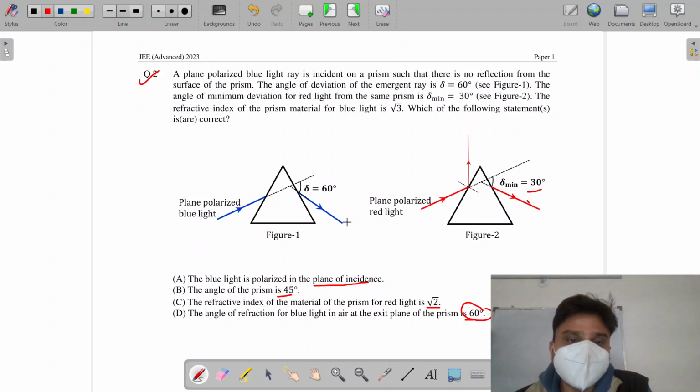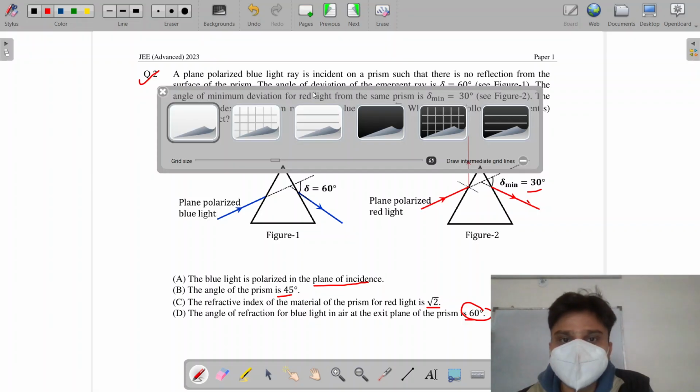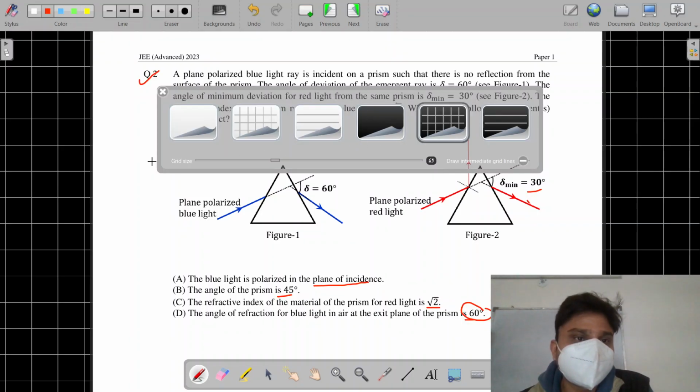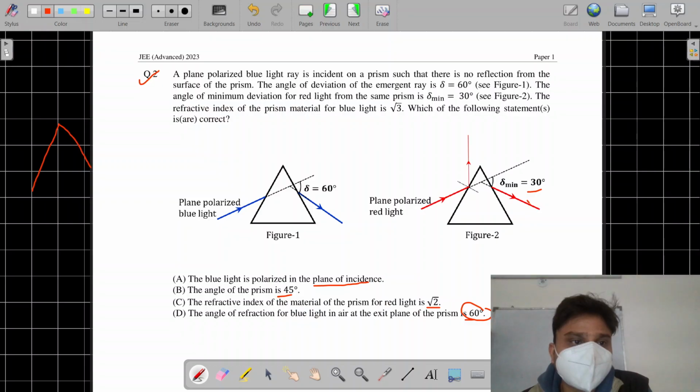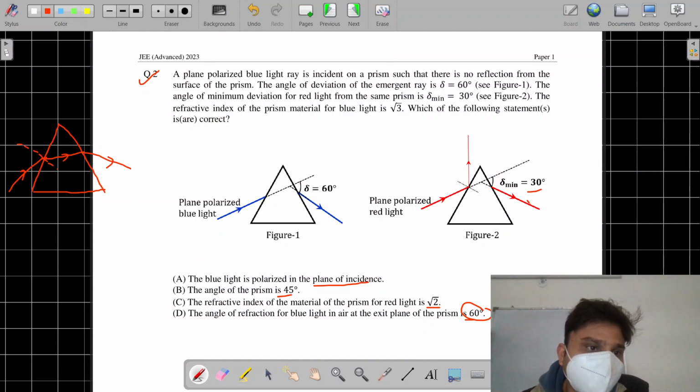Now, when light is incident on a refracting surface, it gets refracted like this, and it gets bent again like this. So at this point, we can say there is some deviation.